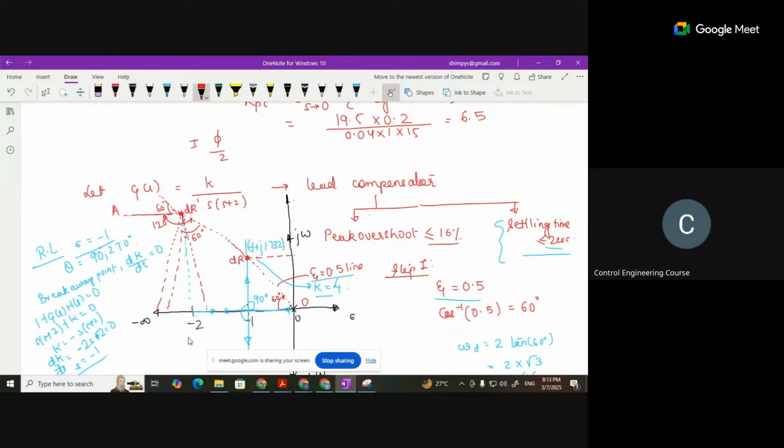When you mark these lines here, you can see the compensator zero at -2.75 and -5.25. I'll draw it to scale and send it in the group.